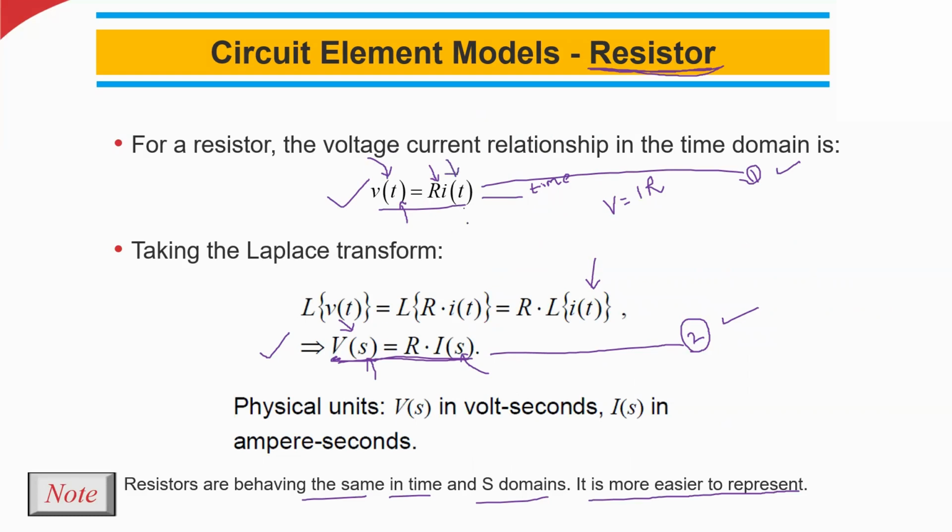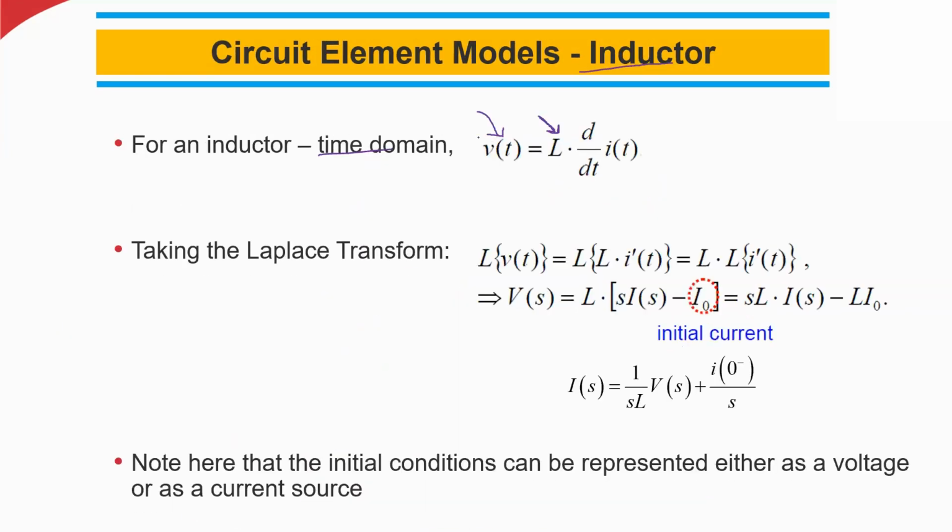Similarly, here we represent this in S domain. So this is how we represent the inductor in the time domain. In S domain, we need to take the Laplace transform of this equation. Laplace transform of V of t is equal to the Laplace transform of L times I dash of t; L is a constant, so we take it outside. How did we get this?